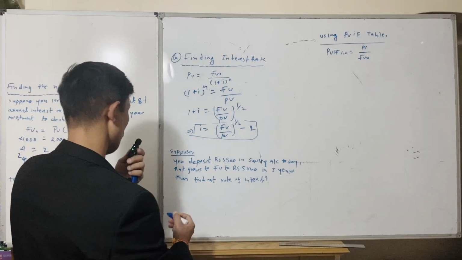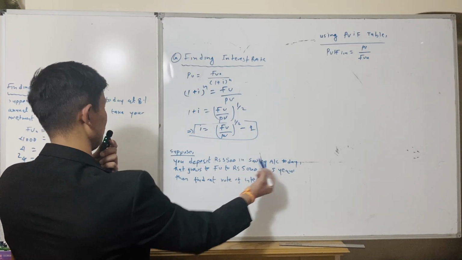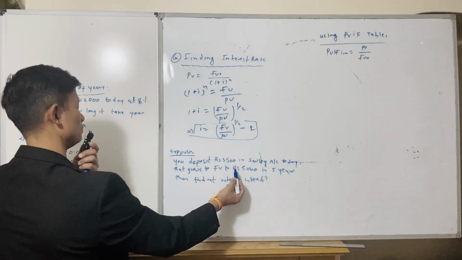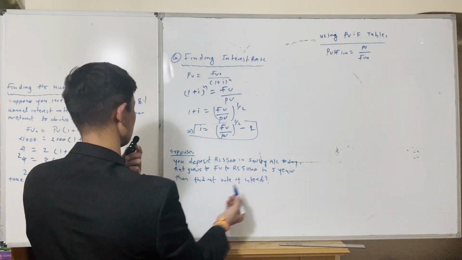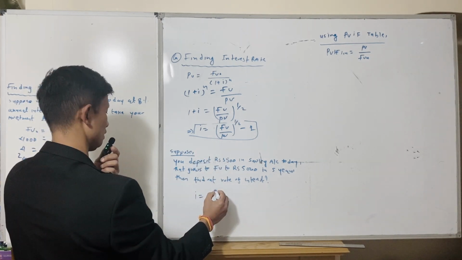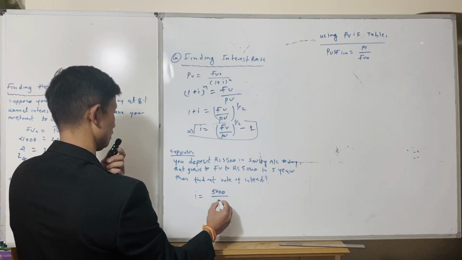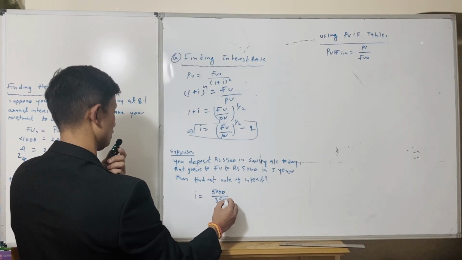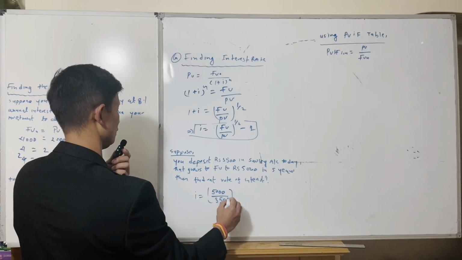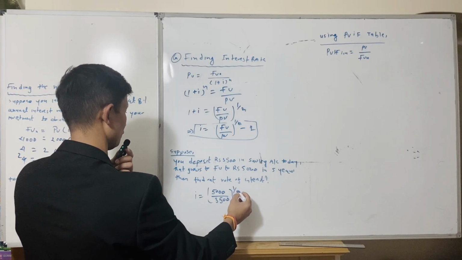You deposit rupees 3500 in a savings account today, that grows to a future value of rupees 5000 in 5 years. Then find the rate of interest. Let's use this one. Future value is 5000, present value is 3500, number of years is 5.